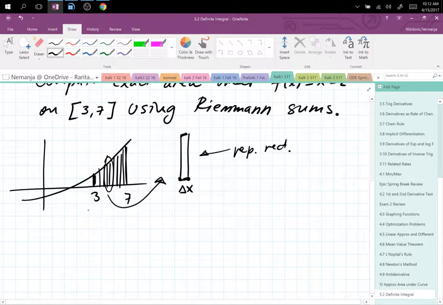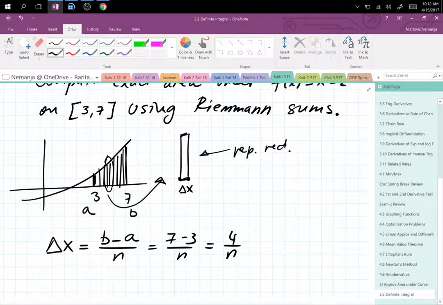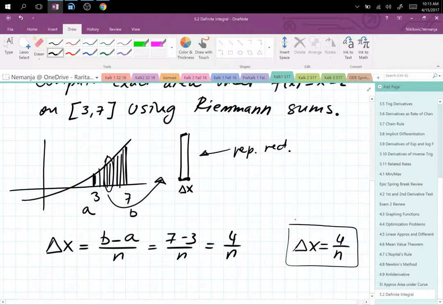We know that a is 3, b is 7. So I can quickly compute that delta x is b minus a divided by n, which is 7 minus 3 divided by n, which is 4 over n. I cannot write the number of rectangles n because I'm going to let that n go to infinity. So I just have to leave it as 4 over n. So delta x is 4 over n. That's the first part.